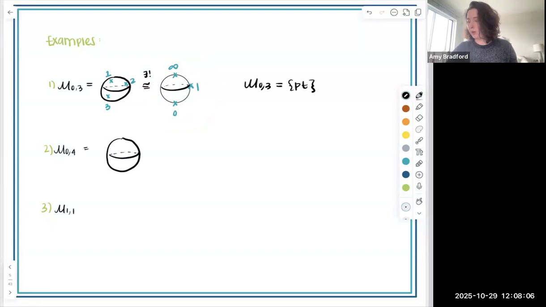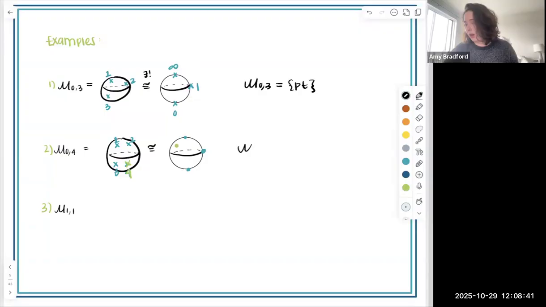Let's add another marked point and see what happens then. So now I'm looking at genus 0 curves with 4 marked points. And again, by the same theorem as above, I can always find an isomorphism that takes the first 3 points to these 3 very special points. And then this last point can land anywhere I want on this curve. And so wherever I place this last green point, that's going to give me a unique special curve inside of this moduli space.